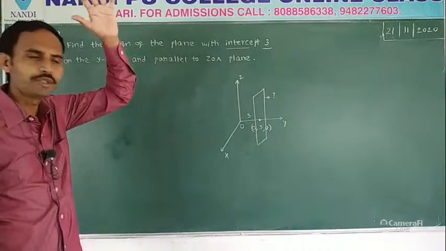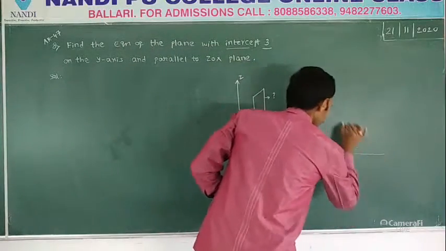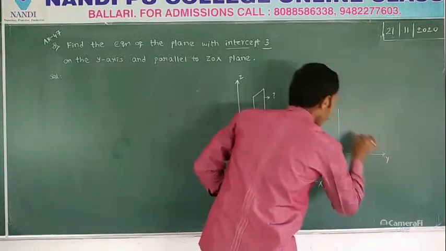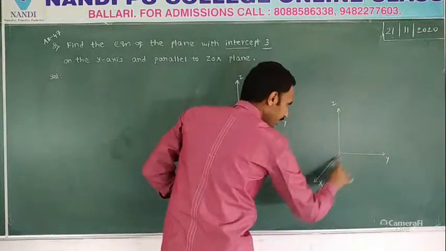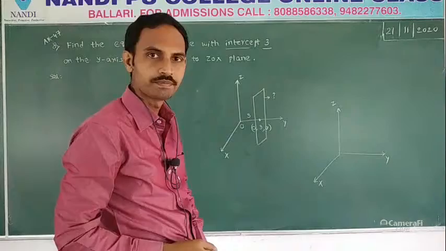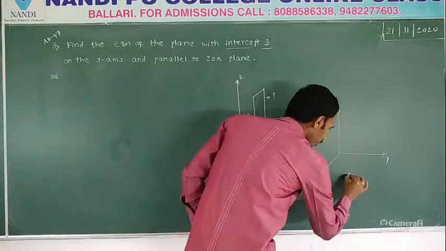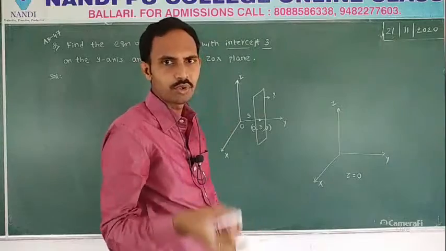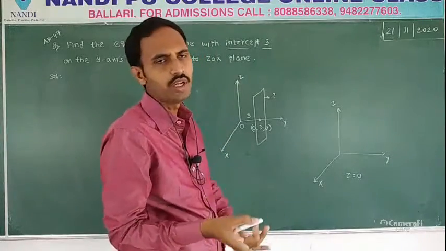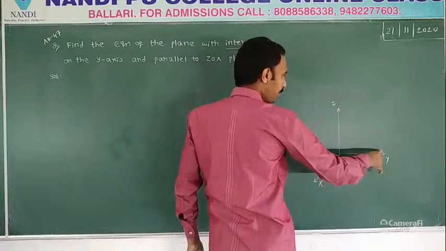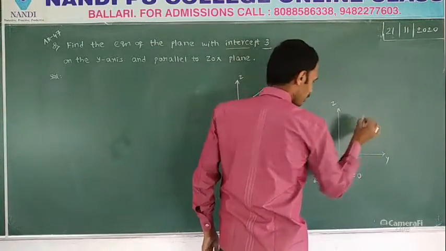In first PUC I told you, what is the equation of xy plane? The equation of xy plane is z equal to 0, because on xy plane the z coordinate is 0, only x and y will be there. The equation of yz plane is x equal to 0.